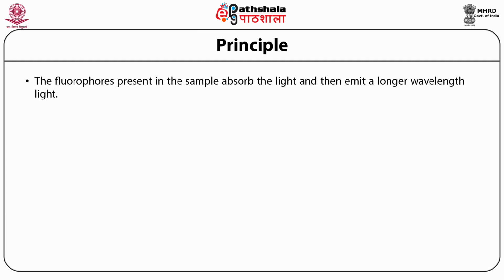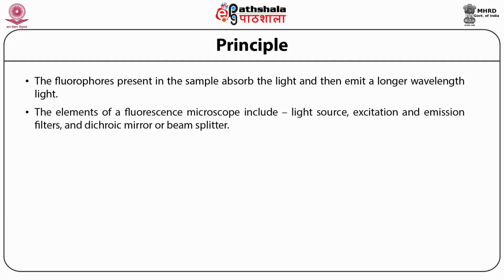A spectral emission filter separates the illuminated signal from the weak emitted fluorescence. The elements of a fluorescence microscope include a light source, excitation and emission filters, and a dichroic mirror or beam splitter.